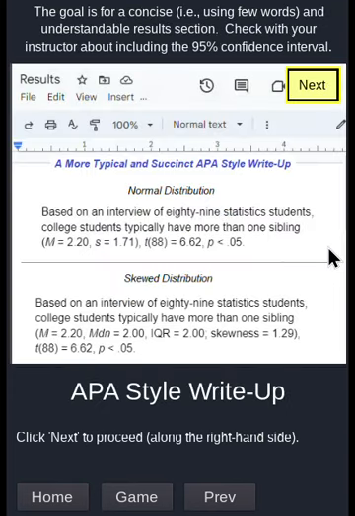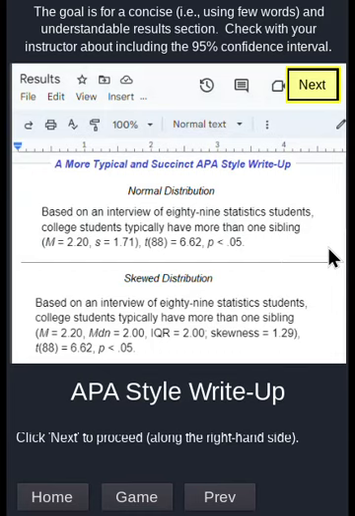Okay, so APA style really values writing something up in a way that's understandable and succinct. The way that I walked you through the APA write-up wasn't as succinct as it could be. And that was okay, because I wanted to help you better understand things like the null hypothesis and the confidence interval.